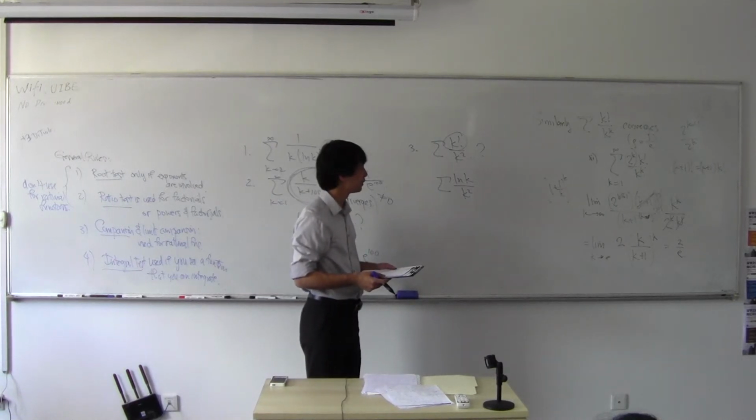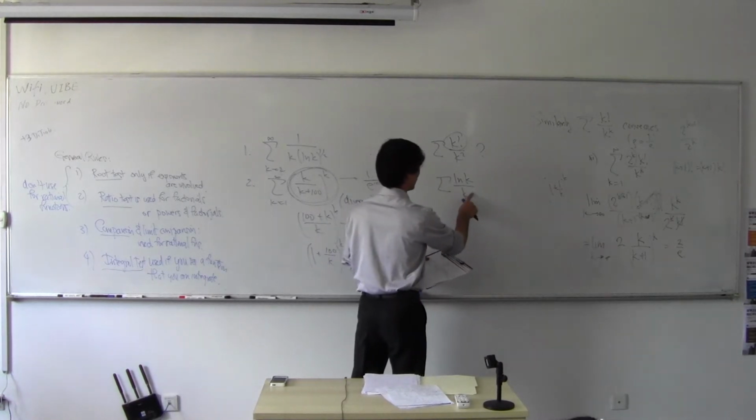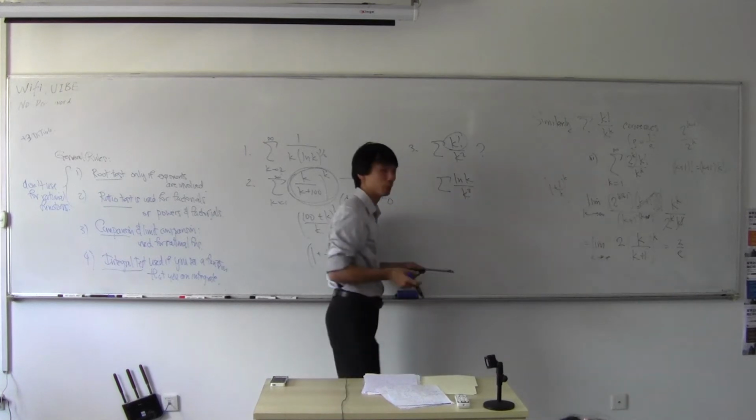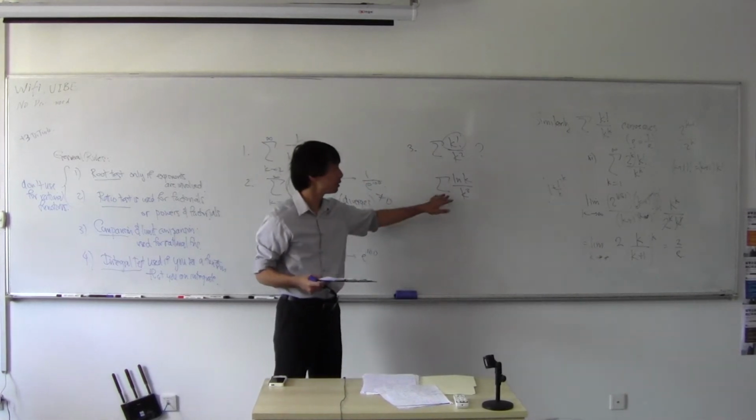Is it obvious? Smaller than. Now let me change this. Let me look at this over k cubed. What would you do in this case?